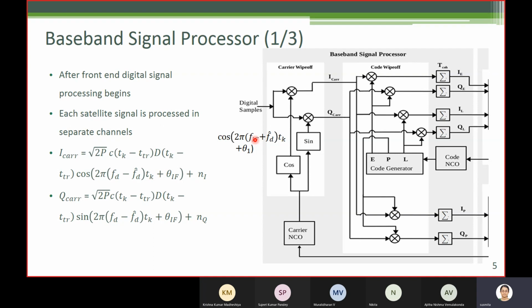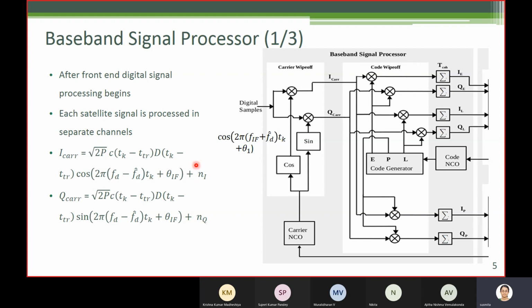One will be the high frequency component, A plus B. Another will be the low frequency component, A minus B. Now we are not bothered about the high frequency component because it can be shown that subsequent operations, for example summing up, will eventually remove it. We are interested only in the low frequency component.